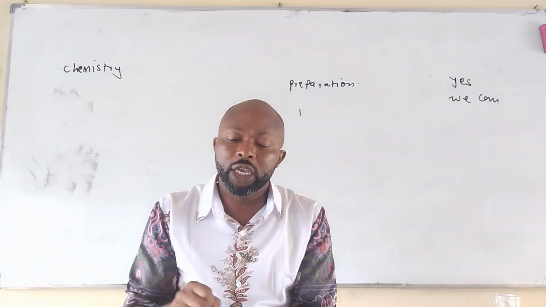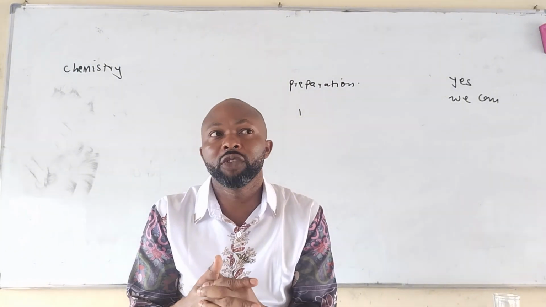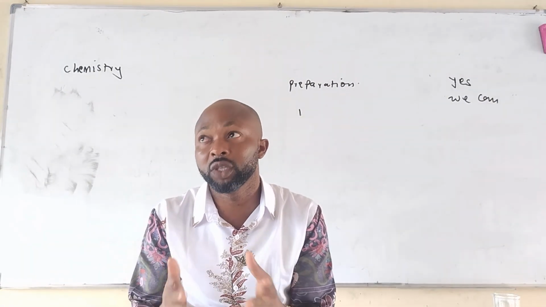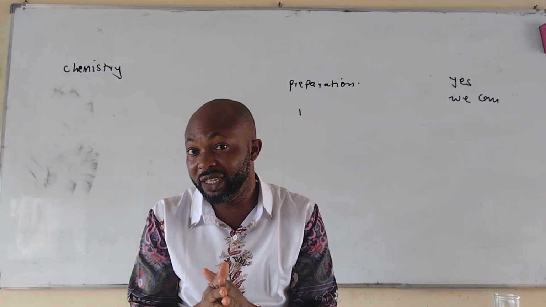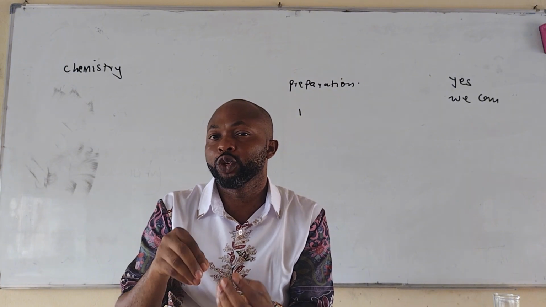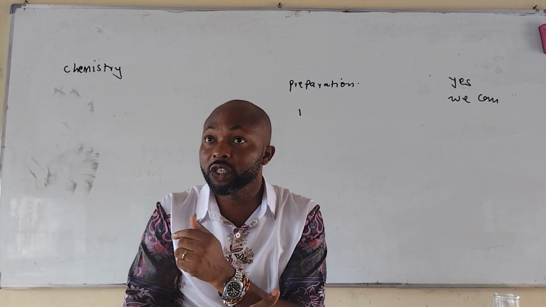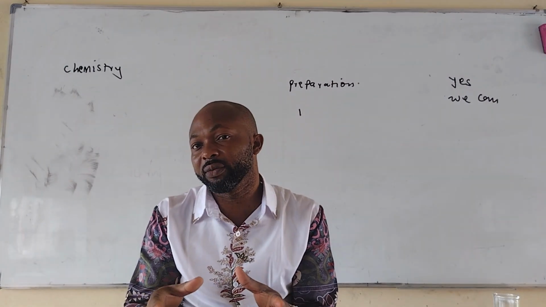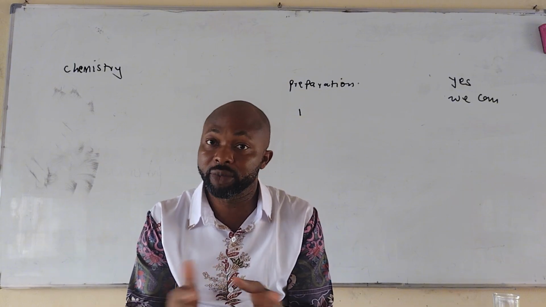So in order to do that, like I said earlier on, most of this reagent in stock comes to the university or to the various institutions of higher learning in a concentrated form. So it is the duty of the students, the instructor, the lecturers, the technologists to prepare this reagent and have them in diluted form, which can be handled by the students.